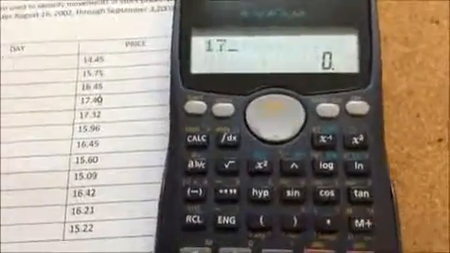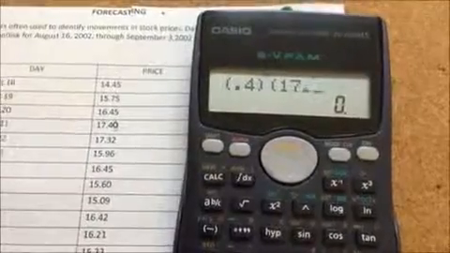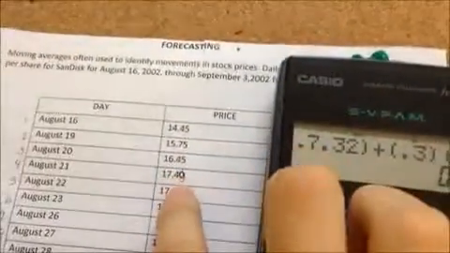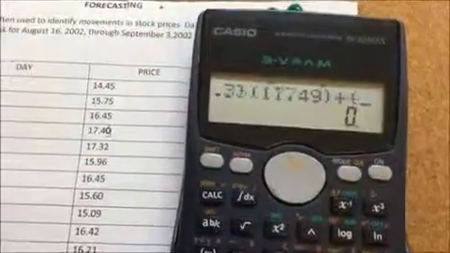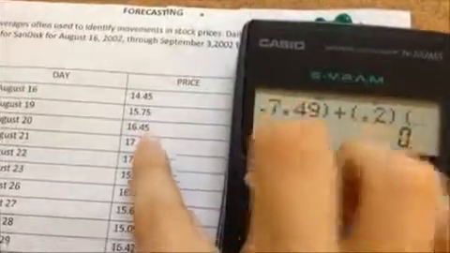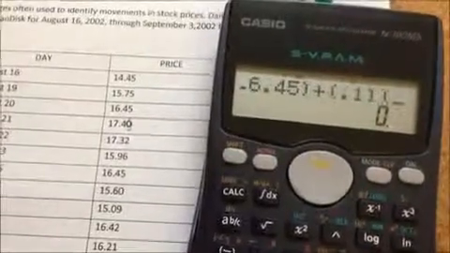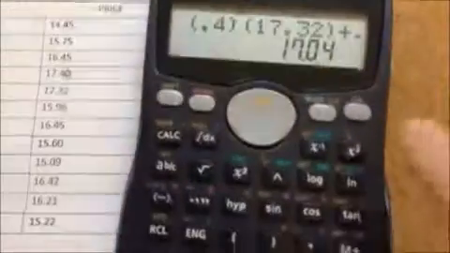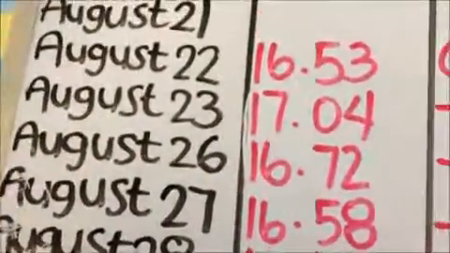So, 0.4 times 17.32 plus 0.3 times 17.49 plus 0.2 times 16.45 plus 0.1 times 15.75. So we are getting 17.04.